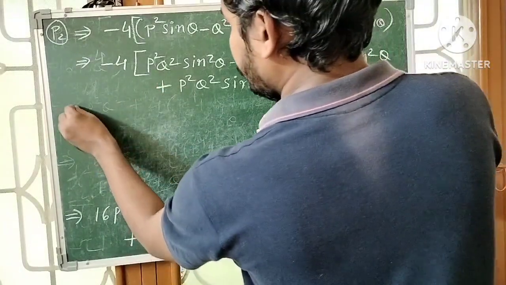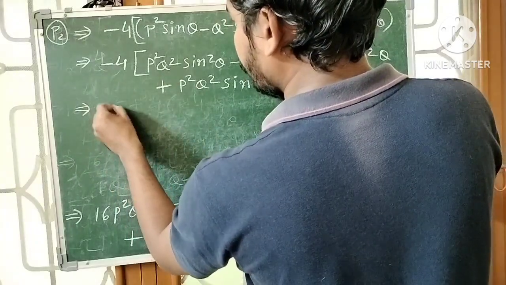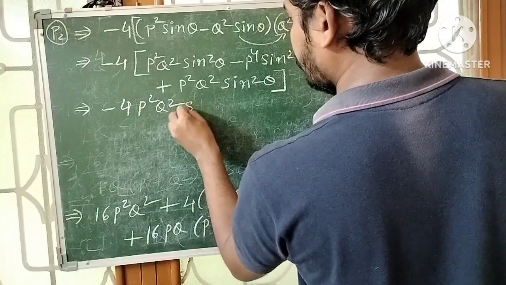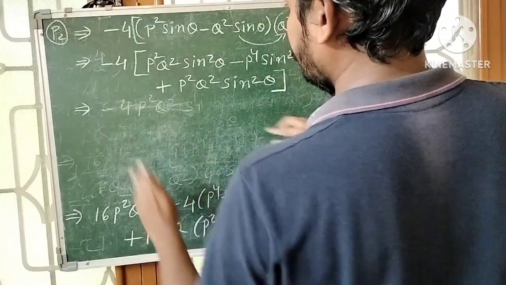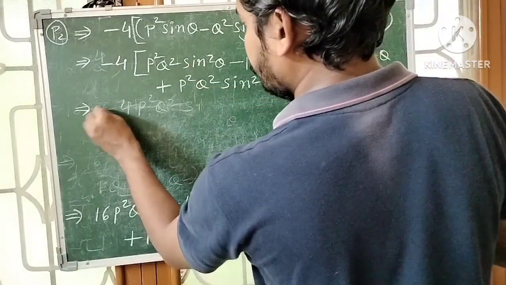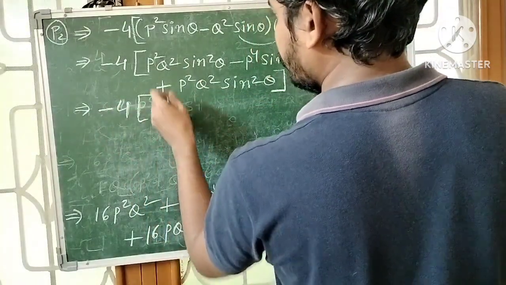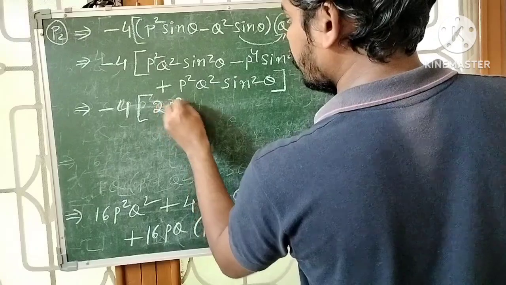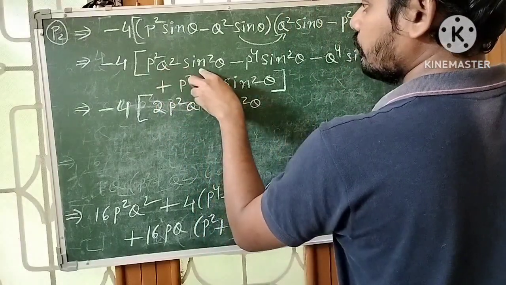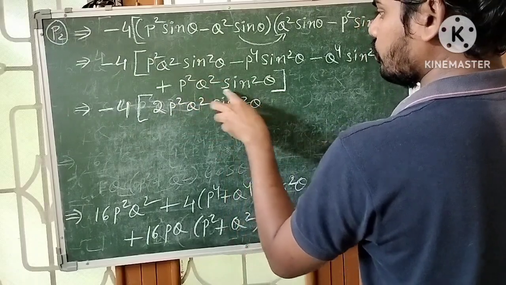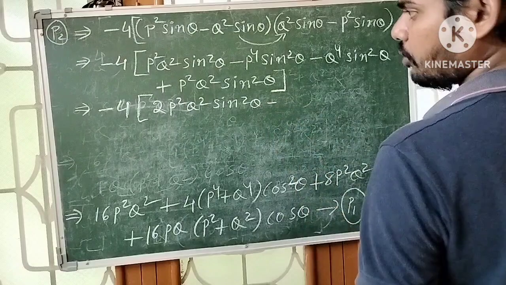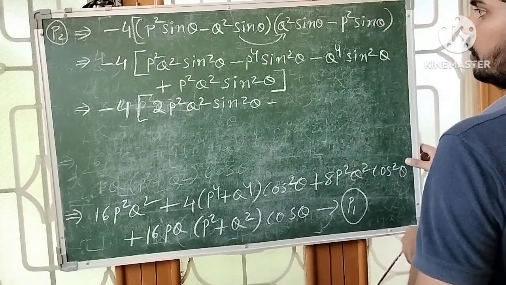Next, minus 4 p square q square sin square theta. Here one p square q square sin square theta, here we have another p square q square sin square theta. So add, you will get 2p square q square sin square theta.